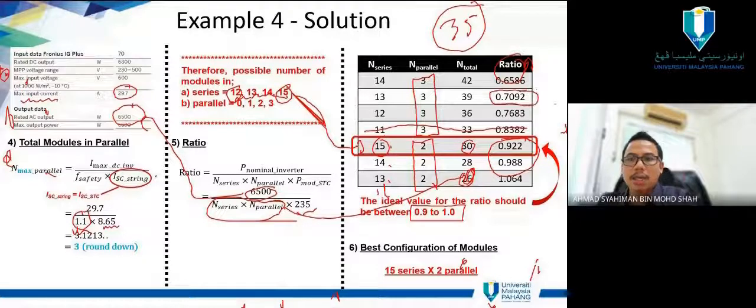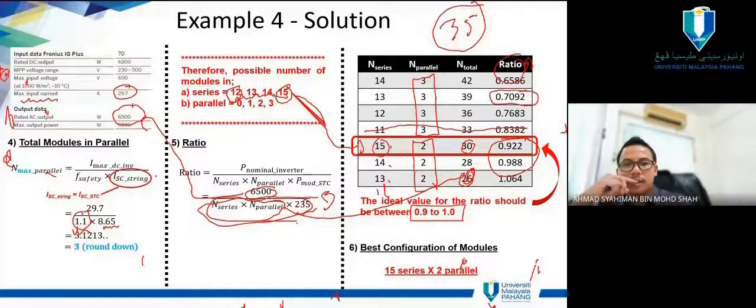Okey. 0.7 tu apa maksud dia? 0.7 tu maksudnya kalau tengok daripada ratio, bawah ni lebih besar daripada atas, betul tak? Means that inverter tu too small. Inverter tu terlalu kecil. Kalau 1 tu memang that's the best that we can lah.